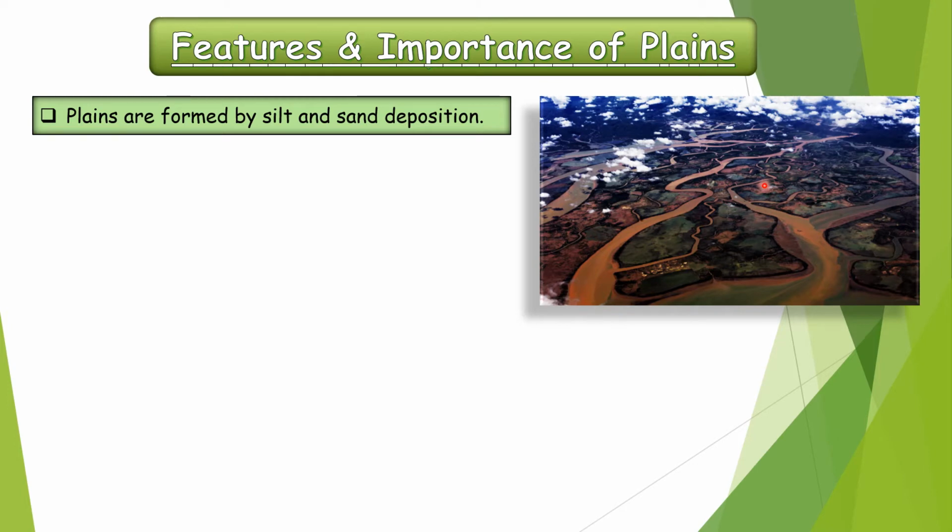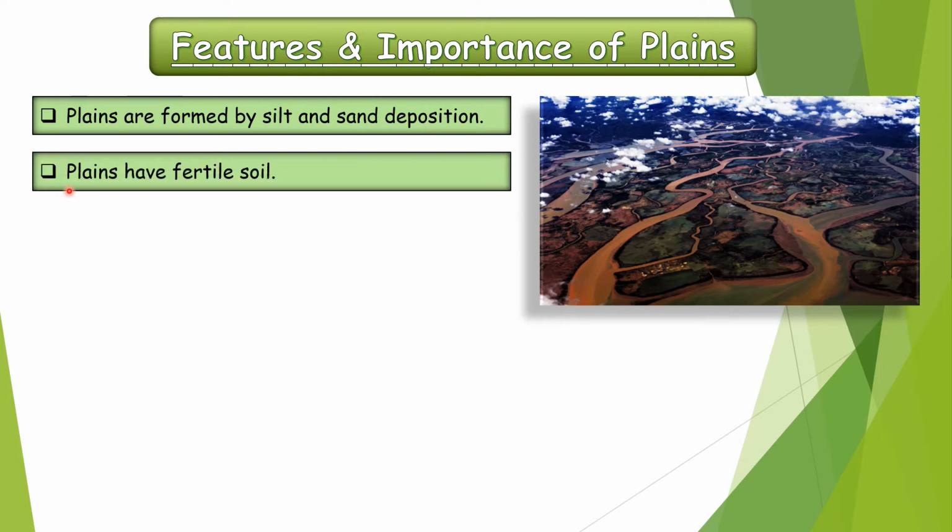Is it clear? Now, second point, plains have fertile soil. Why plains have fertile soil? Because they are formed by silt, and silt is very fertile. It has all the nutrients which are required by crops or plants for growing.